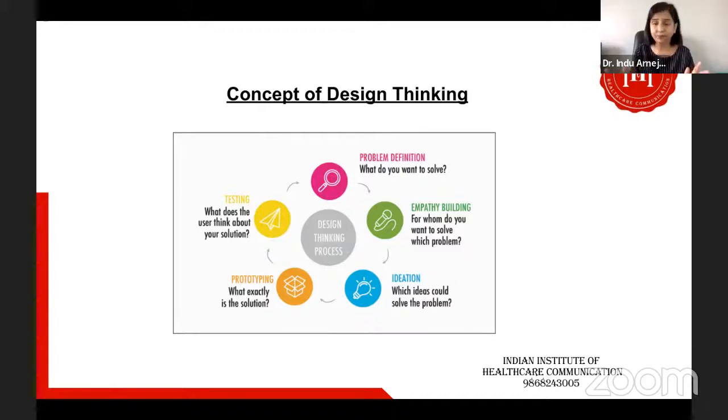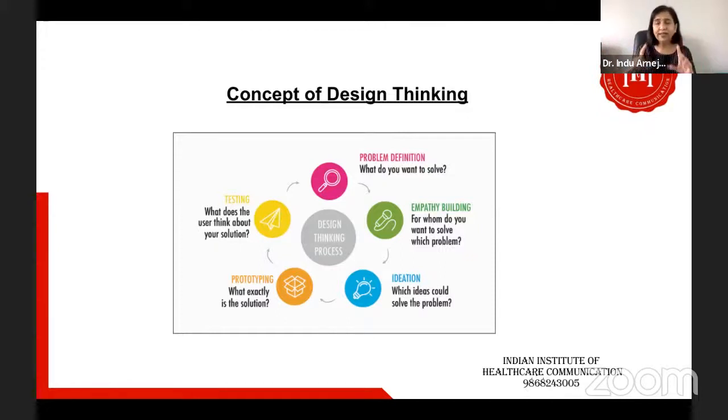Prepare a prototype. That means you're not applying it as it is, but developing a small pilot study kind of thing. You will implement it in a smaller area. For example, if you have decided to reduce waiting time in the hospital, maybe you would first work on one area, maybe radiology or pharmacy or OPD, wherever you want.